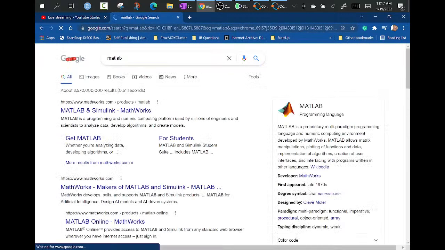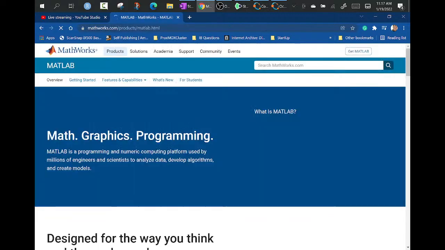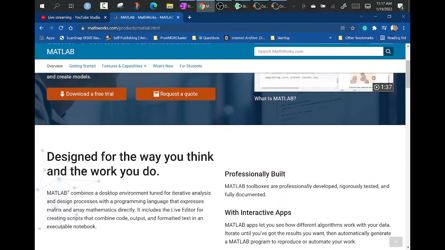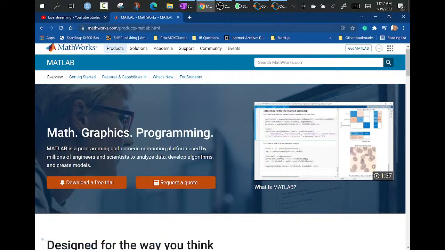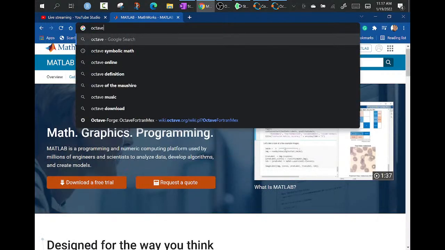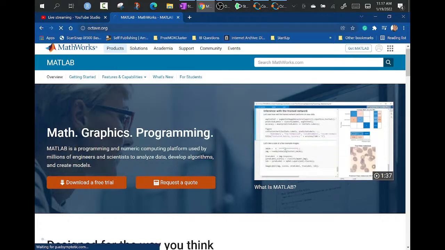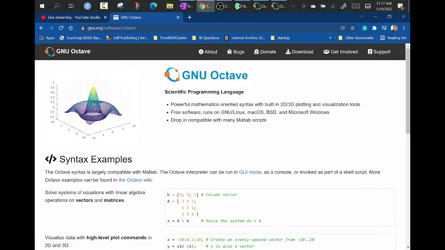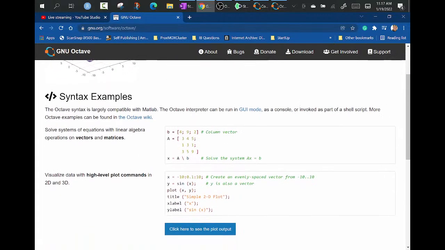MATLAB is a very good program, but if you're at your house and you're learning the material, there is this, which syntactically is the same as MATLAB.